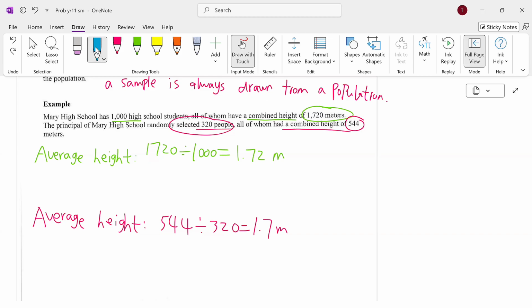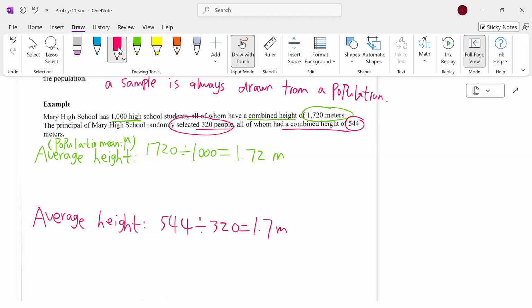Well, the first one is called the population average or population mean. This is denoted as mu. I will use this notation here, mu. It's like a U, and you extend the left stroke down here.